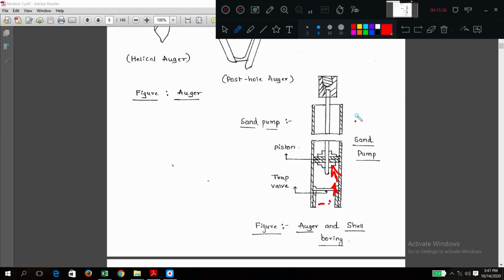But when you are taking this instrument above, when you are removing it from the ground, this wall or this portion is not going to be open. It is locked. That is why we call it trap wall. It is trapping the soil collected.